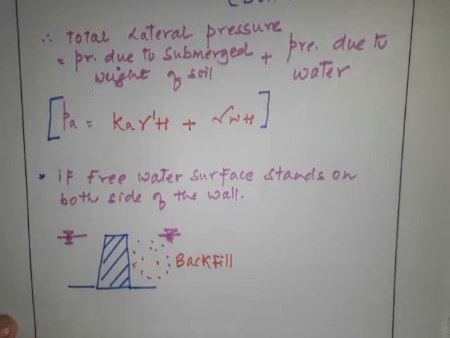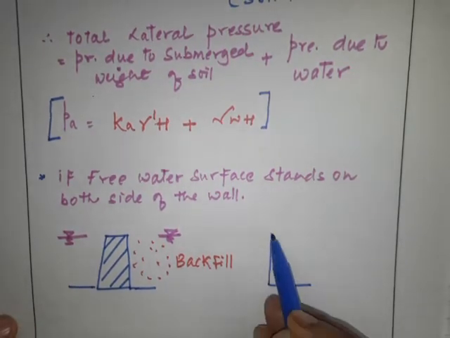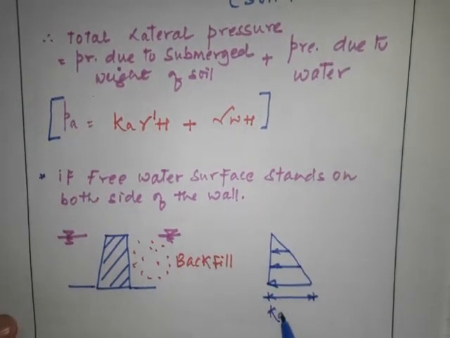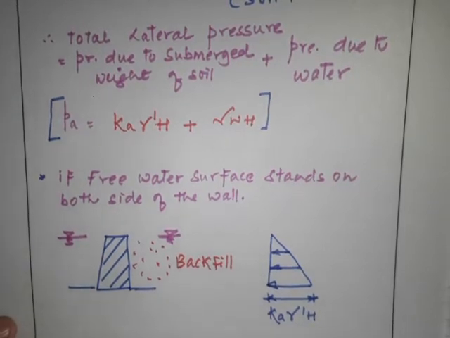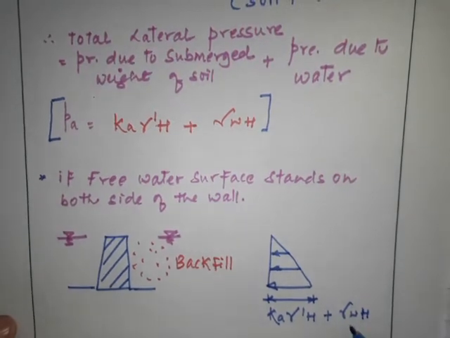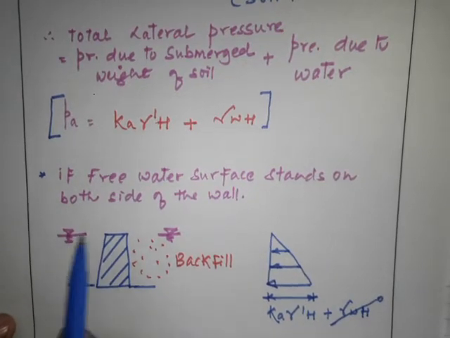So when I draw the pressure distribution diagram, we will be left with only K into gamma dash into H. There will be gamma W into H, but this will get nullified because we have the water on both sides.